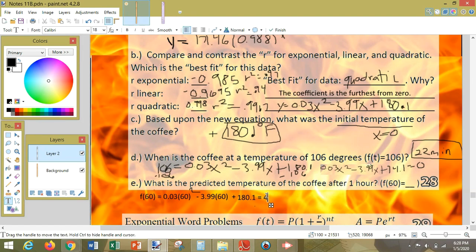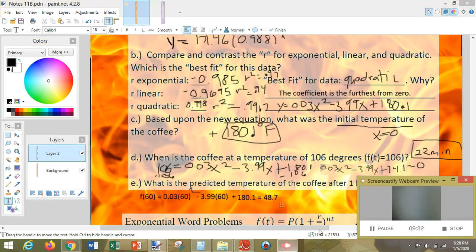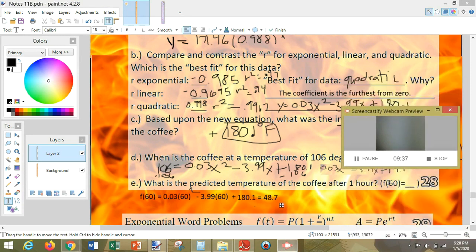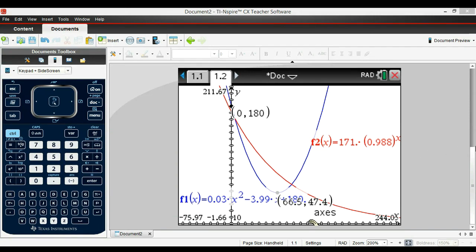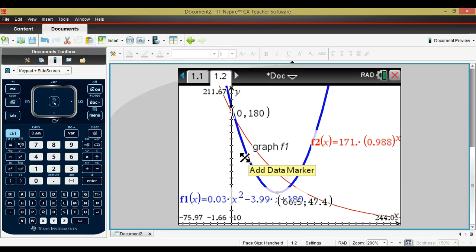When is the coffee at a temperature of 106 degrees based on this equation? So we set the equation equal to 106. So we have 106 equals 0.03x squared minus 3.99x plus 180.1. The reason for this is that if you look at the quadratic model graph, after it reaches its minimum point, it starts going back up.